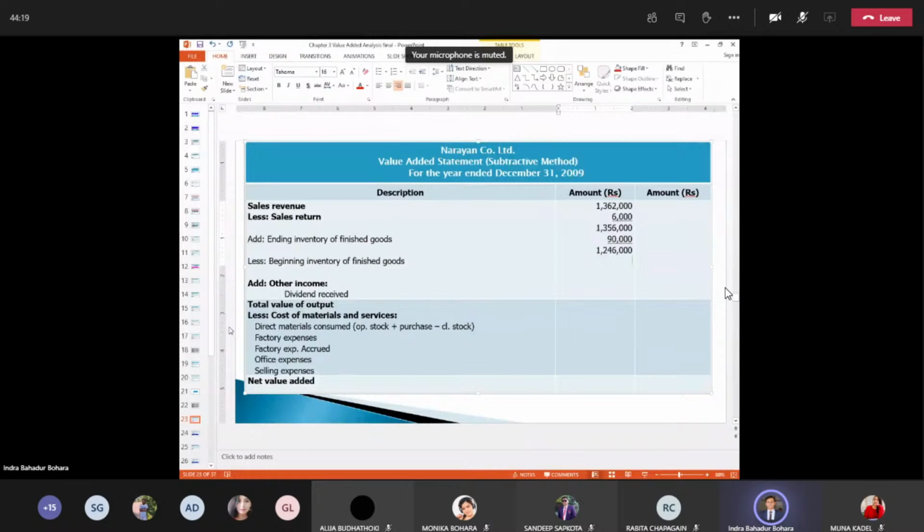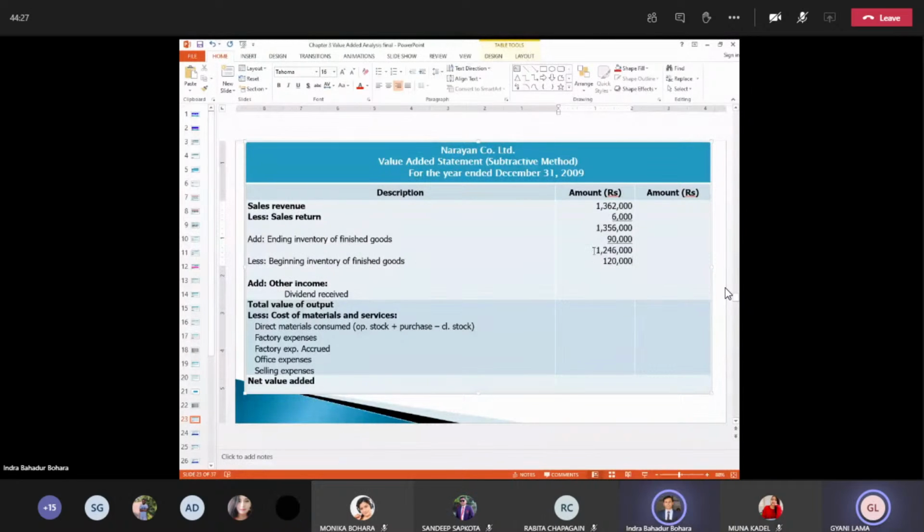Then opening stock of finished goods 1,20,000. Sir, when we add, how much did it come? 14 lakh 46,000. Yes, 14,46,000 less 1 lakh 20,000 is 13,26,000. 13 lakh 26.